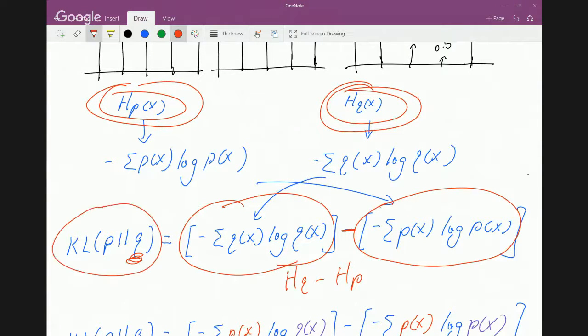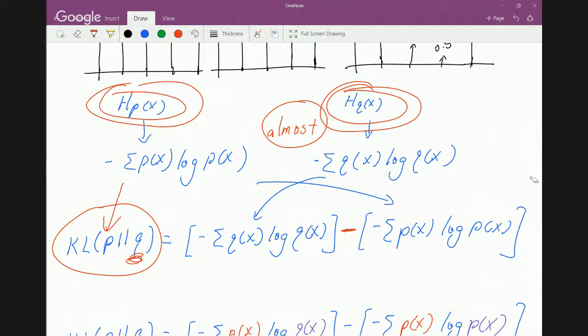KL divergence with respect to P is HQ minus HP. Almost. That's not exactly the equation, but this is 99% of the equation already.